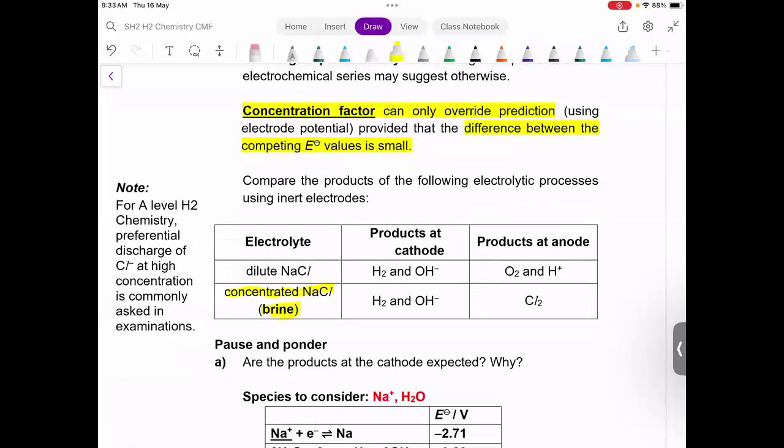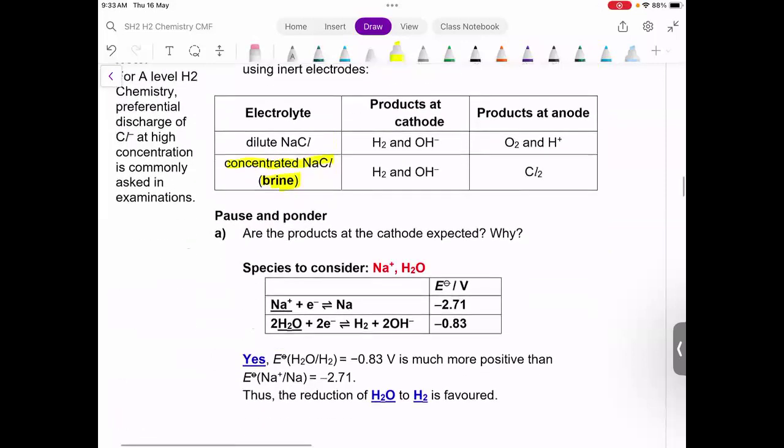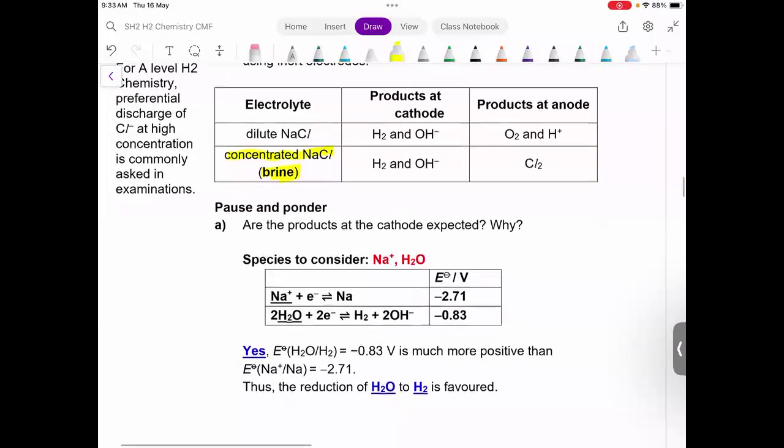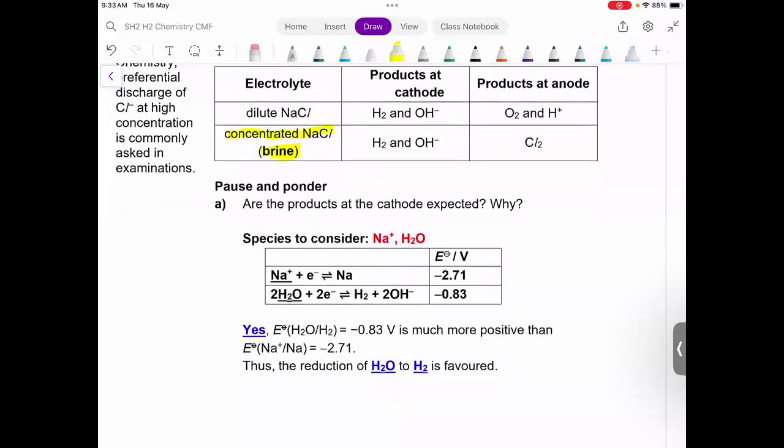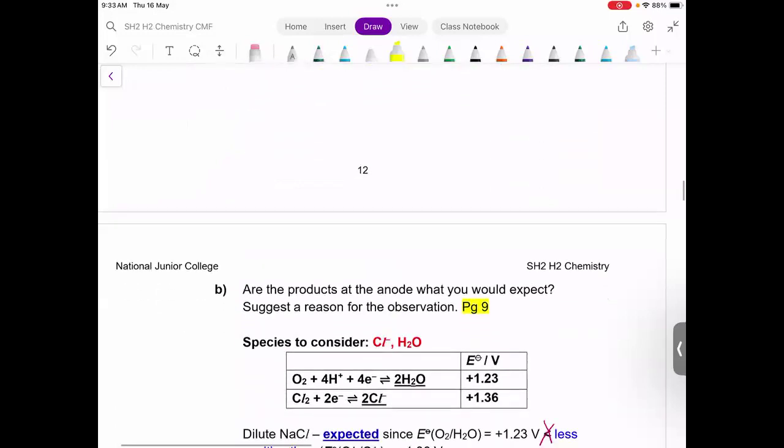If you look at the products at the cathode, you are considering the sodium plus and water undergoing reduction. Obviously, water is the one that is more positive, so it will be preferentially reduced. That one is logical. And because of the large difference here, even though we pump in a lot of sodium plus, it will not be able to swap the ion that is being discharged.